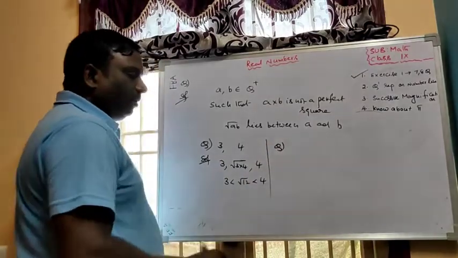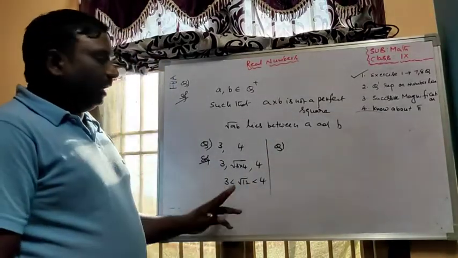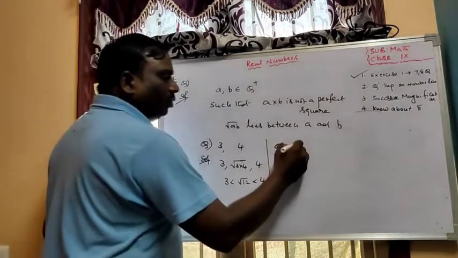Find two irrational numbers between 2 and 3.